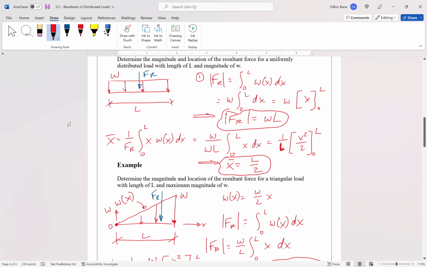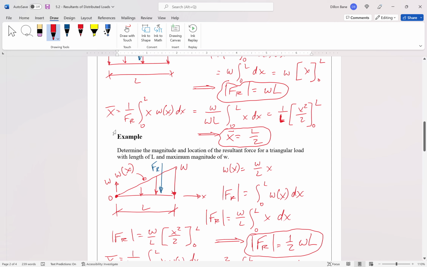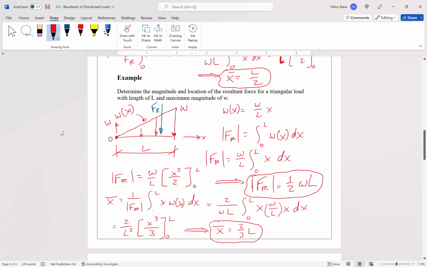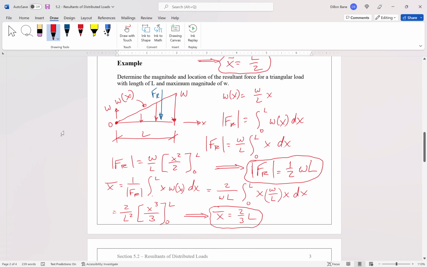For every single rectangular load, the magnitude is W times L, and the location is right in the middle, L over 2. For triangle loads, the magnitude is 1/2 times W times L, just the area of a triangle, and the location of that resultant is 2/3 L from the small end, or 1/3 L from the big end.